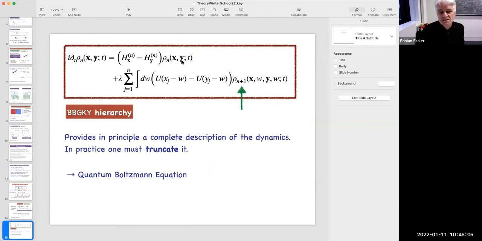And you see that's precisely one of the terms that is present here. Okay, I hope that answers the question.